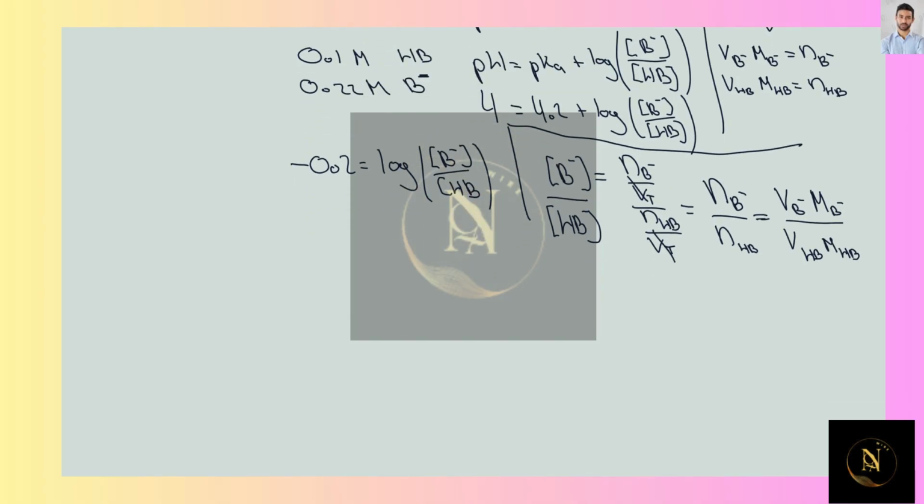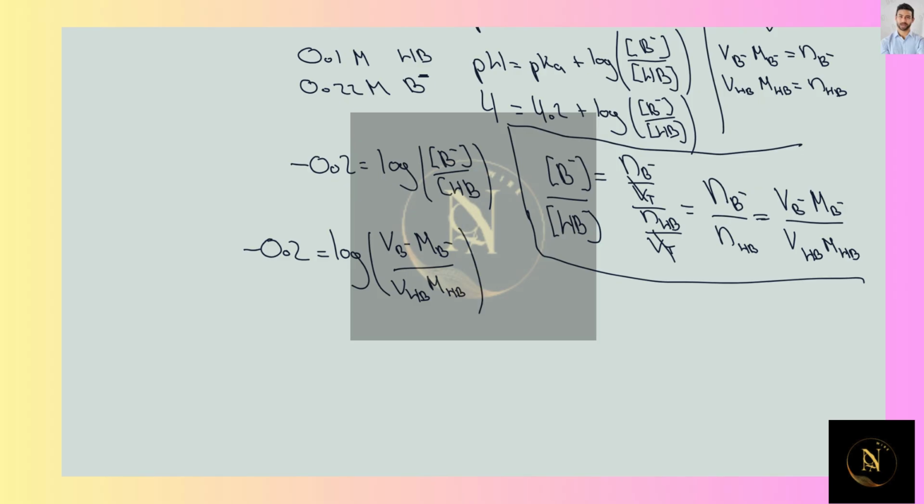We can replace all of that directly into our Henderson-Hasselbalch equation. So minus 0.2 will be equal to the logarithm of volume of benzoate times molarity of benzoate divided by volume of benzoic acid multiplied by molarity of benzoic acid. We get rid of the logarithm and we find the following equation.